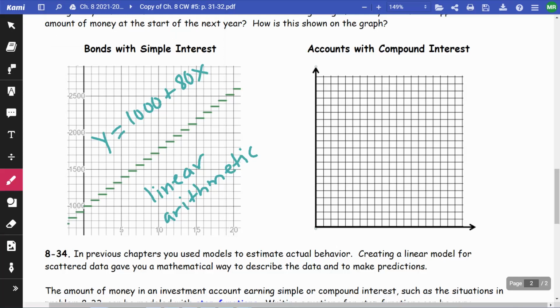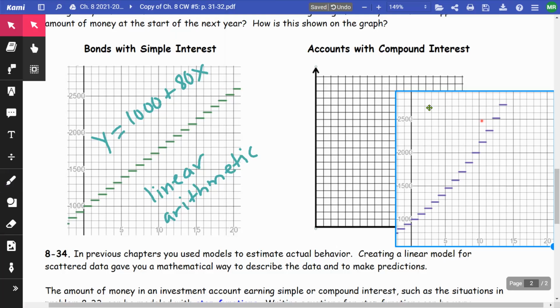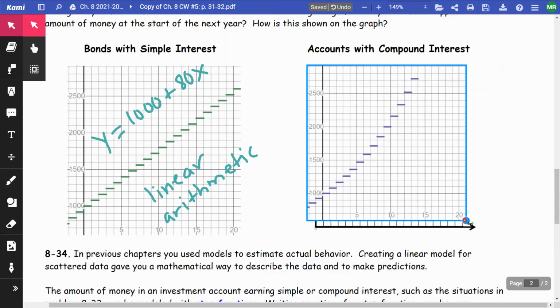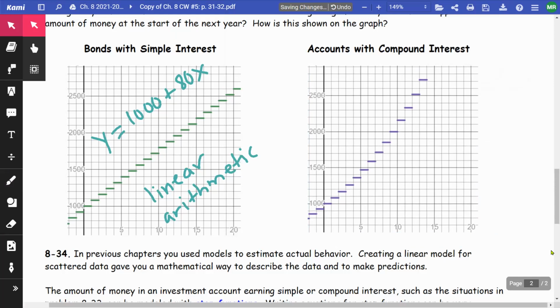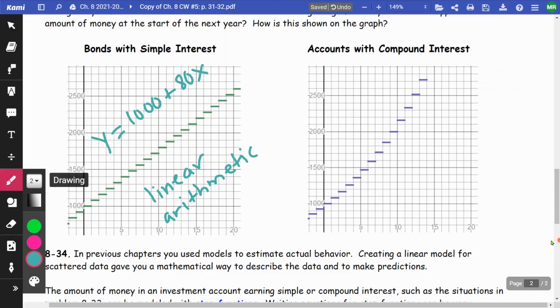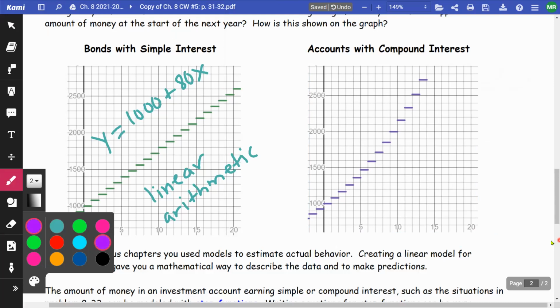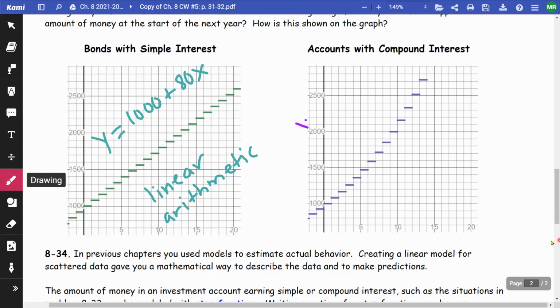I'm going to put it onto my graph right here. And there's my graph. This one here is going to be y equals 1,000 times 1.08 to the power x. This is an exponential graph. And this is a geometric sequence.